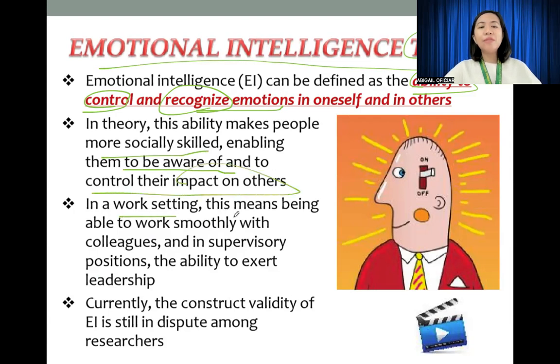In a work setting, this means being able to work smoothly with colleagues, yung hindi nakikipag-away, and in a supervisory position, the ability to exert leadership. And of course, currently, the construct validity of EI is still in dispute among researchers, meaning yung scale natin on emotional intelligence is still under development. Bina-validate pa further para ma-prove na effective siya.